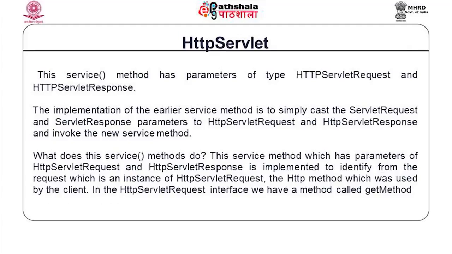So, one more service method has been added in the HttpServlet class, with parameters of type HttpServletRequest and HttpServletResponse. The implementation of the earlier service method is to simply cast the ServletRequest and ServletResponse objects into HttpServletRequest and HttpServletResponse, and then invoke the other service method which takes those as parameters.